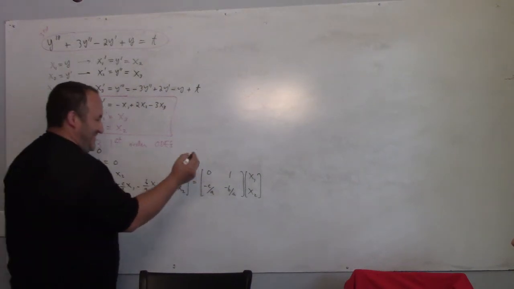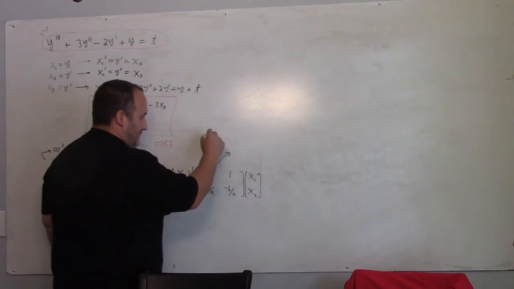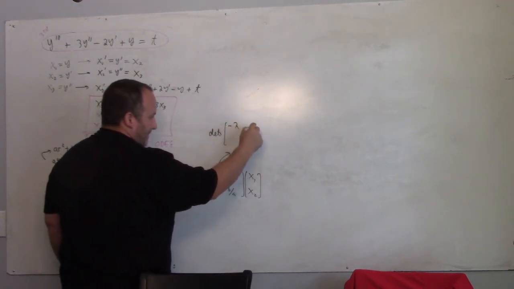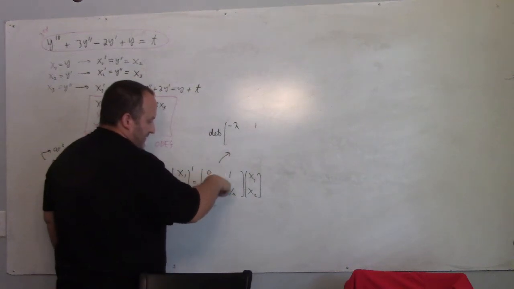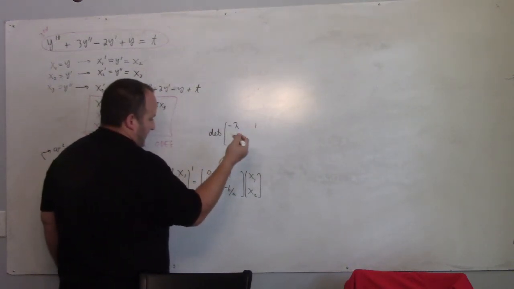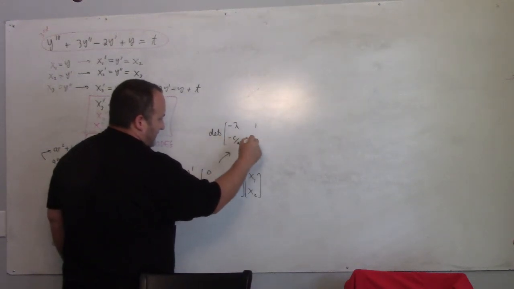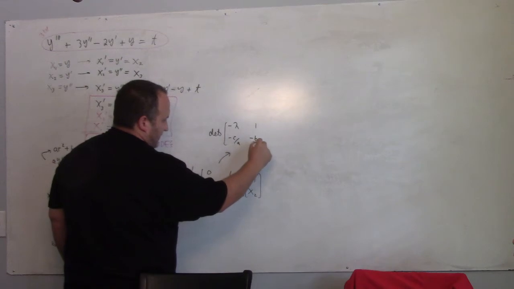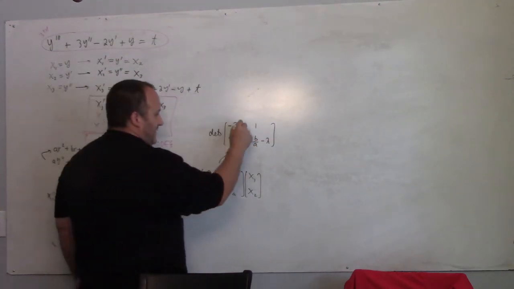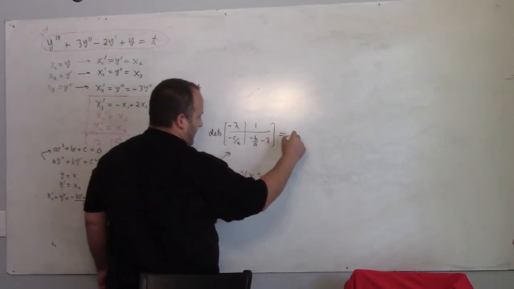But what's the characteristic equation of this 2 by 2 matrix? The determinant of the matrix minus lambda. So here's that characteristic equation I was talking about the other day. The solution gives you the eigenvalues of the matrix. So multiply that, I get lambda squared.